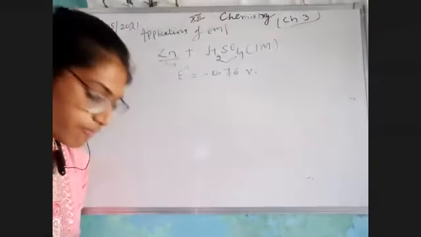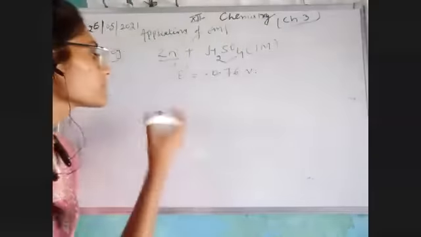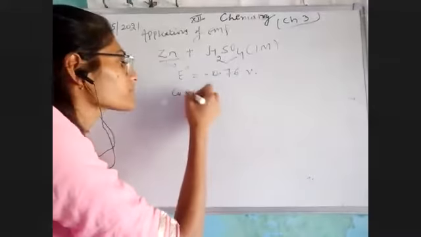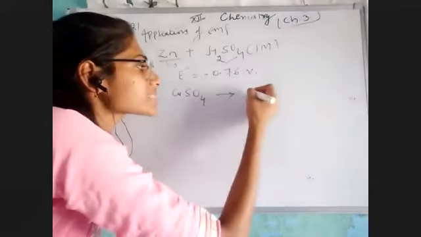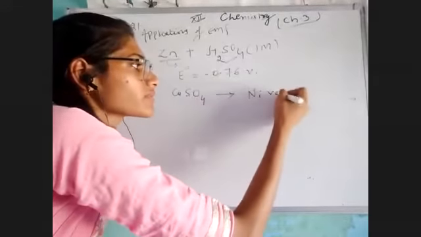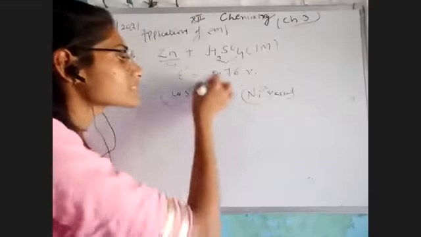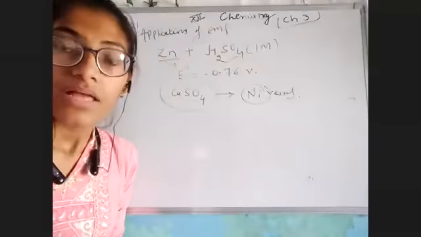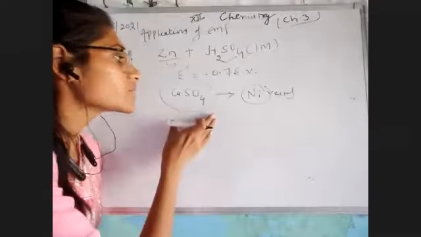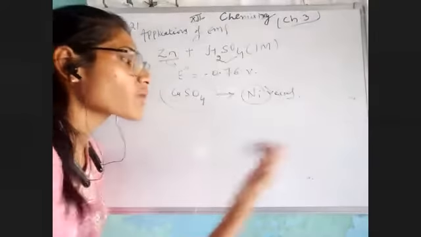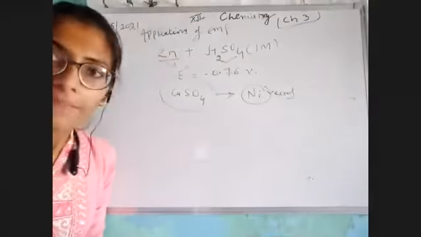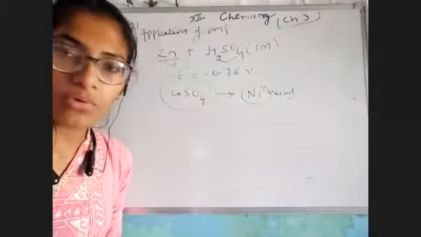That means we have copper sulfate and we have to place it in a nickel vessel. We are asked whether copper sulfate solution can be stored in a nickel vessel. So let's see whether it happens or not.